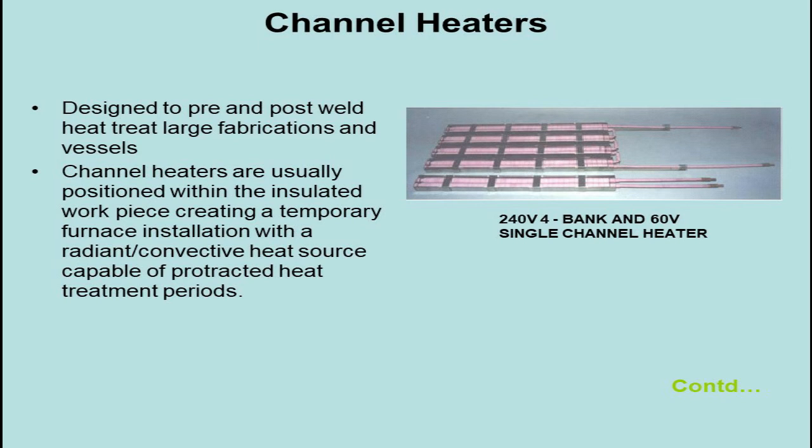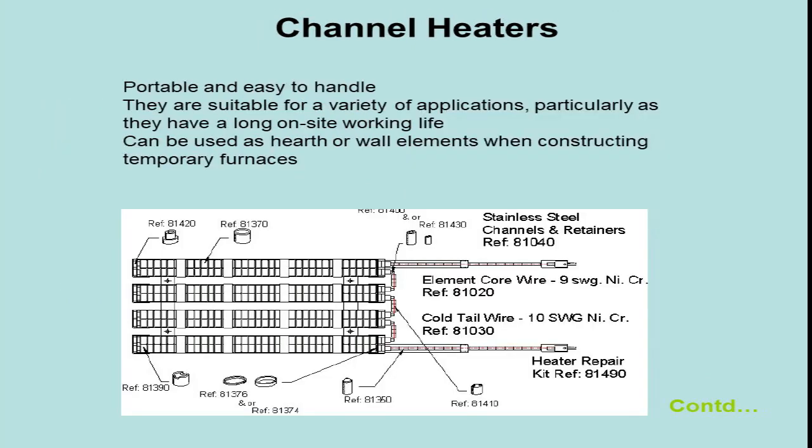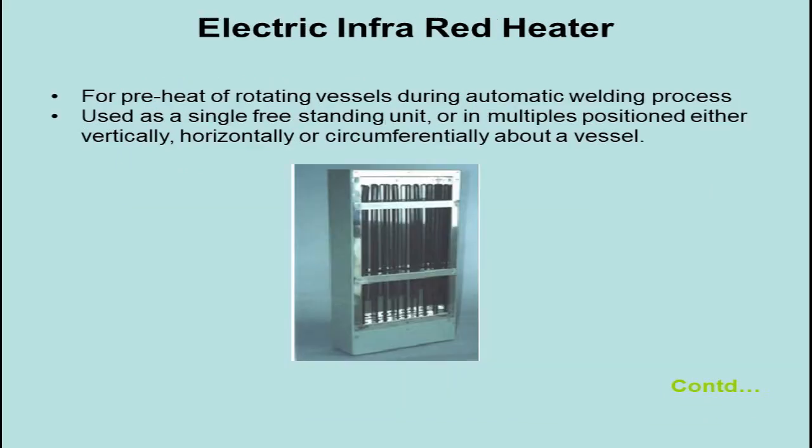Channel heaters are usually positioned within the insulated workpiece, creating a temporary furnace installation with a radiant forward/convective heat source capable of protracted heat treatment periods. Portable and easy to handle. They are suitable for a variety of applications, particularly as they have a long on-site working life. Can be used as hearth or wall elements when constructing temporary furnaces.